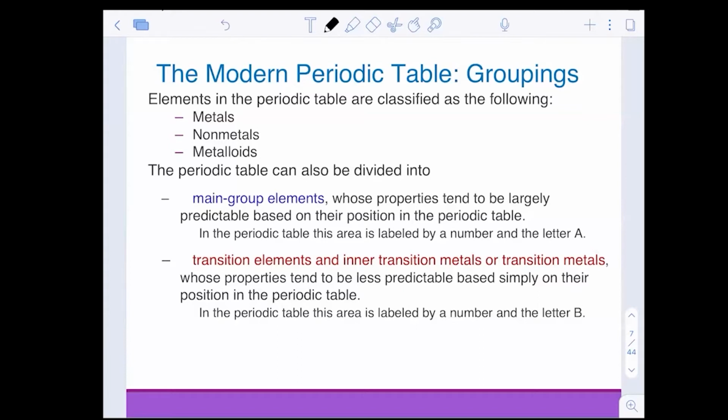Now, the transition elements, the lanthanides and actinides, have somewhat predictable properties, but not a whole heck of a lot. When we look at them, yes, we can kind of see some trends, but there are really variations with them. And that's pretty much because of where their outermost electrons are.